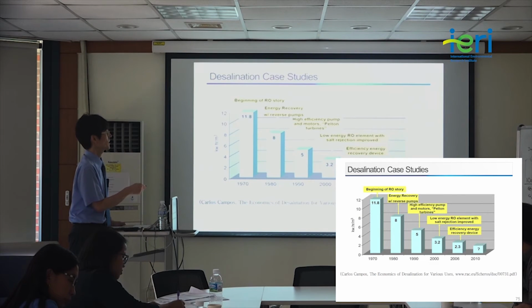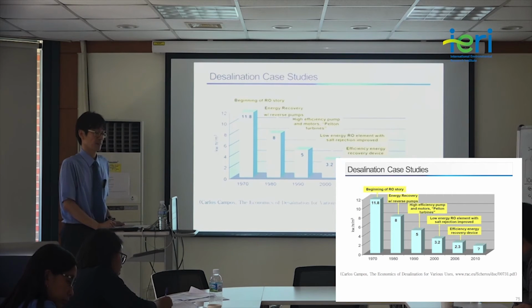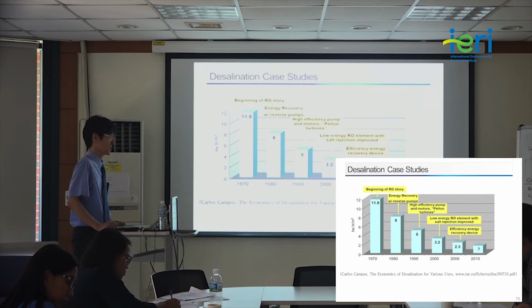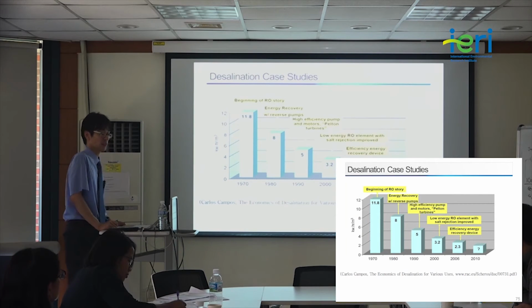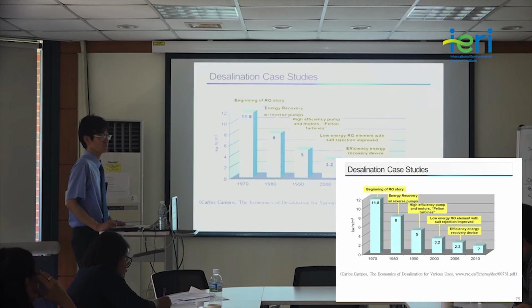And during this time, highly efficient energy recovery devices were introduced to the market. The pressure exchanger or DWEER was introduced at that time, and that also reduced the energy consumption significantly. Now, the value will be a little bit similar to this one because there were no new technologies between 2006 and the present time.